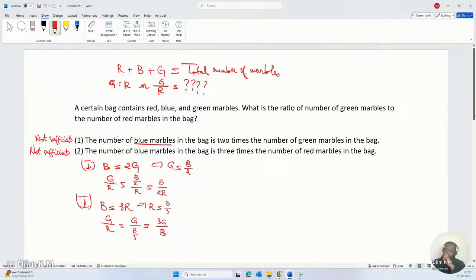So if we take both conditions, we know from the first condition that B is equal to 2G, and the second condition tells us that B is equal to 3R.